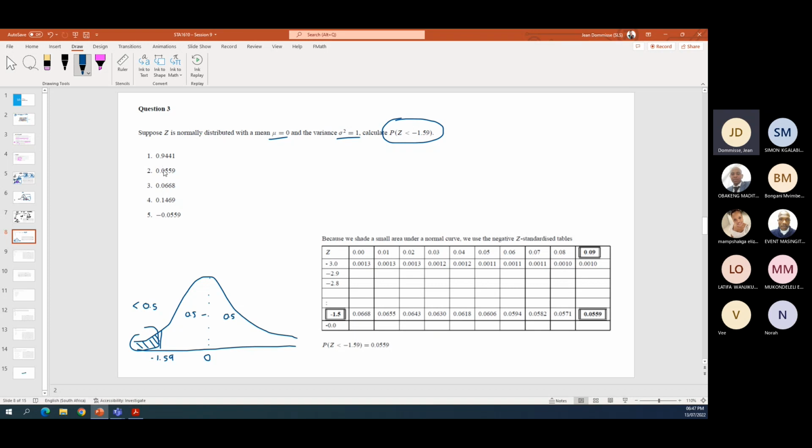So if I look at the options, it can't be the first one, because the first one would have been the bigger area. The second thing, I'll get to the question now, Latifa, that we can also eliminate is this: a probability can only be anything from 0 to 1.